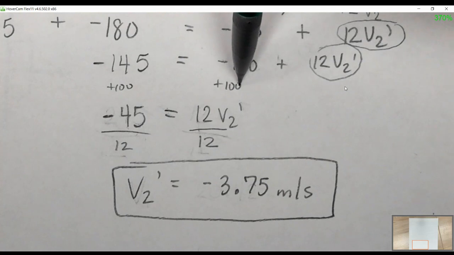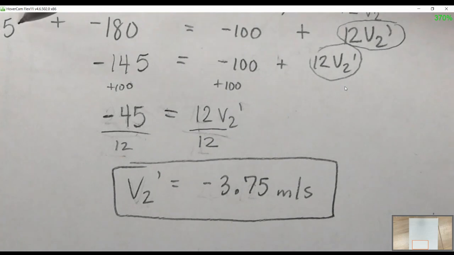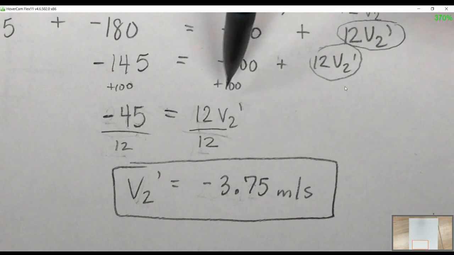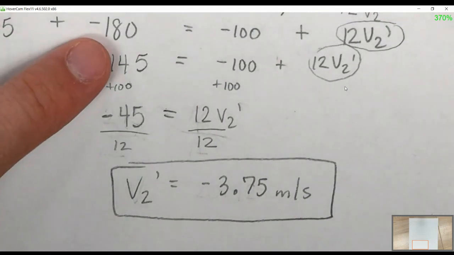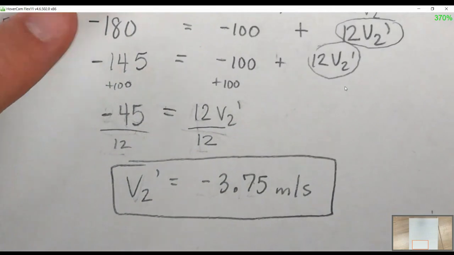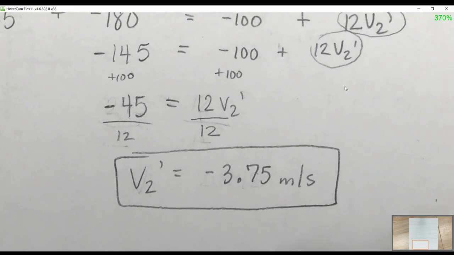You just caught me in my mistake, which is awesome. Try not to make that same mistake. This came out to be negative 145, negative 100. We had to add this to both sides. I forgot to drop this down, which would have definitely affected the answer. But by showing the work, I would have been able to see where you went wrong, and you would have gotten some partial credit for said problem. Just make sure that is what we're doing.